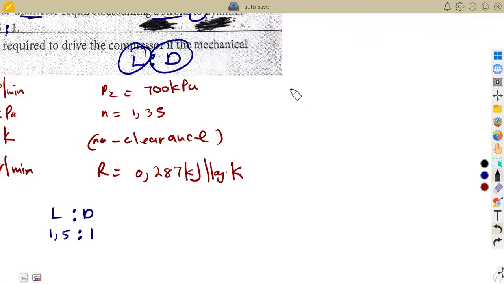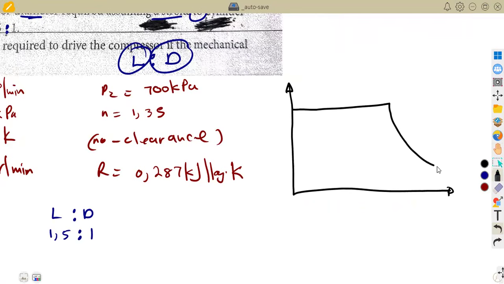There is no clearance here, so we shall conclude that we're going to have our diagram like this. So that's point 1, point 2. And I said if the clearance is not given, our V1 is equal to what? The swept volume or the stroke volume.